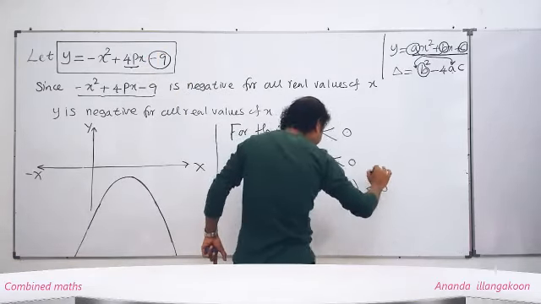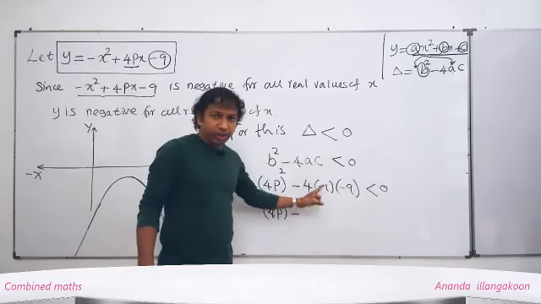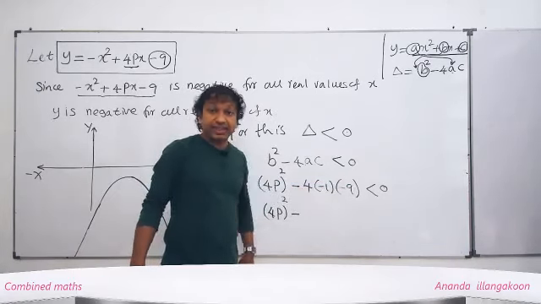Here, people, we get 4p perfectly squared, minus, minus, minus, then we get minus 4 into 1 into 9, 36. 36 you can write as 6 to the power 2. Correct? 9 into 4 is 36, that is the perfect square of 6.